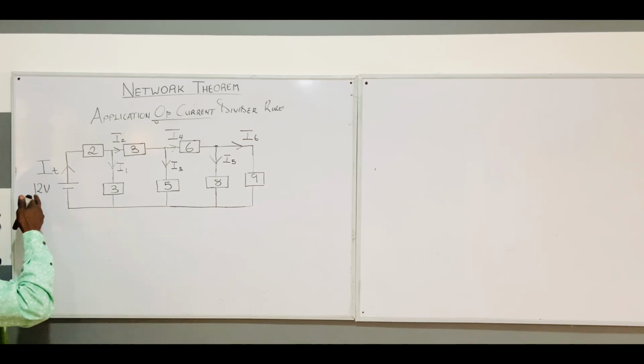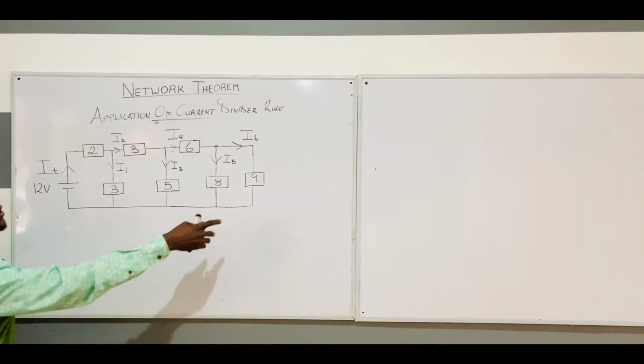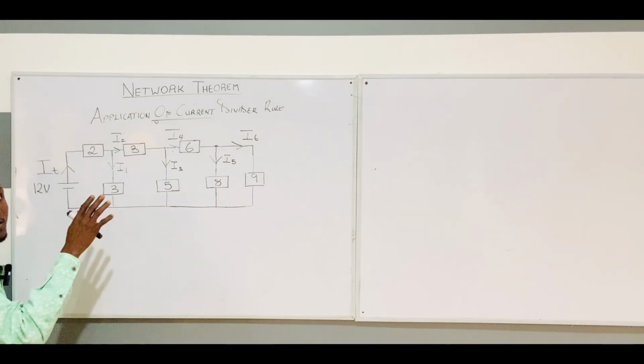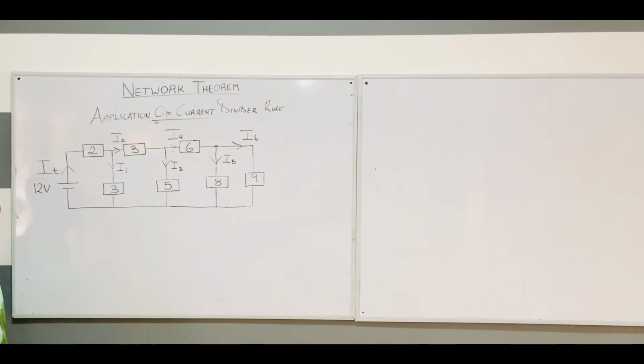The question did not give me the supply current, so I need to calculate it. I have the source voltage, but I do not have the total resistance to find the current. So what we need to do is to find the total resistance in this circuit. Okay, how do we do it? We need to resolve this whole circuit. We need to resolve the resistive values and find the total resistance to be able to find the total current.